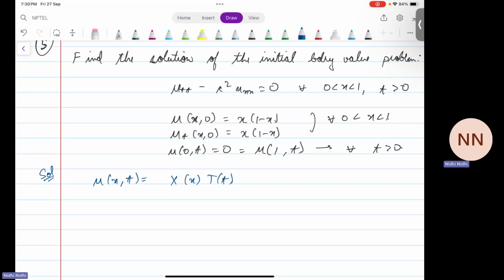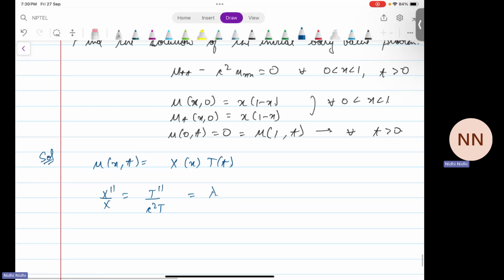From here we will get again X double dash by X is equal to T double dash by c square T, that should be equal to some lambda, along with the boundary conditions, let's mark this as star, from the fact that u(0,t) is 0 and u(1,t) is 0 for all t. We will again have the same initial conditions.